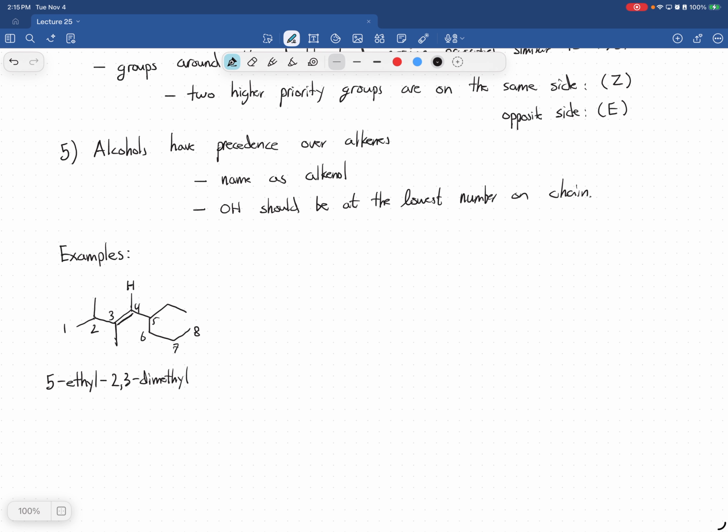And then I think that's it, right? What's the parent name? Yeah, and octene occurs where? What carbon? 3. So let's write 3-octene.